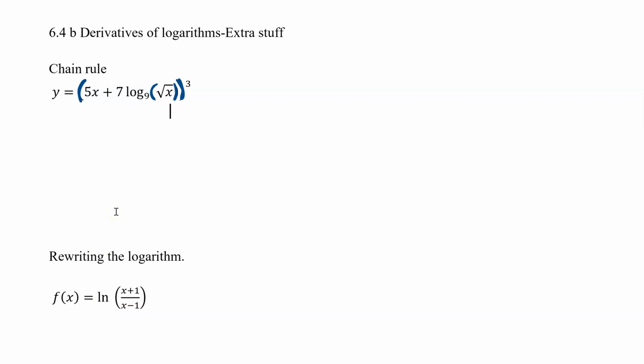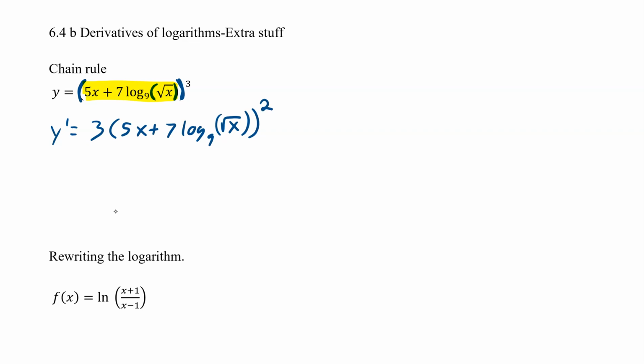Okay, so again, what I like to do is take the parenthesis, highlight it, and then we do our derivative. So this is just a normal general power, so y prime equals 3, and again everything in yellow you leave alone. Just like that. And then we take away 1, right?